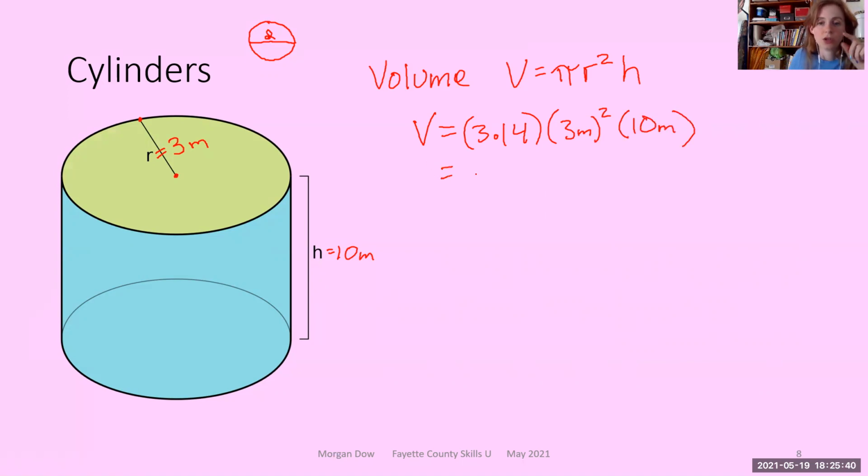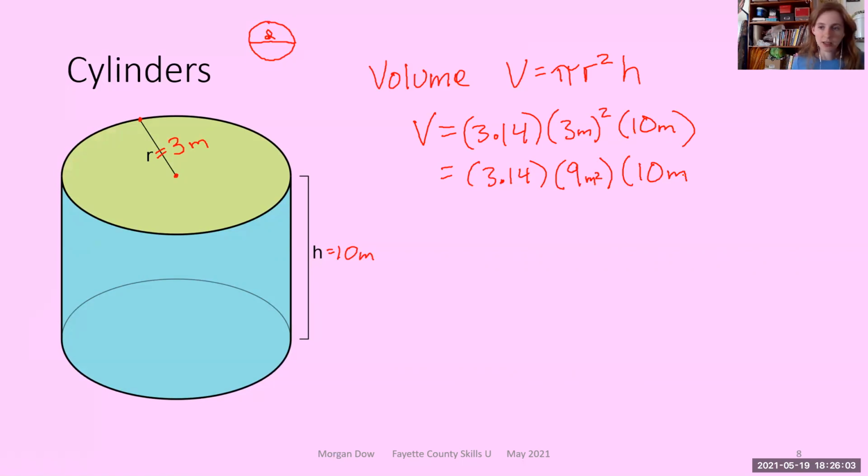Okay, so I'm going to go ahead and just take care of that squaring, that exponent. 3.14 times 3 meters squared. What is 3 meters squared? Well, it means 3 meters times 3 meters. So that's going to be 9 square meters times 10 meters.